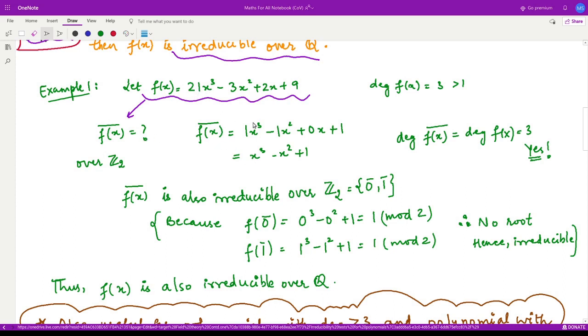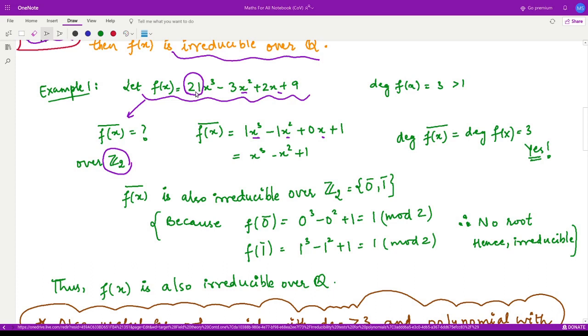Now the first task is you just write the terms as they are: x cube, x square, and x, and then the constant, and you just have to apply mod p over this. So for that we have selected mod 2, the first prime that comes to our mind, that is 2, right?